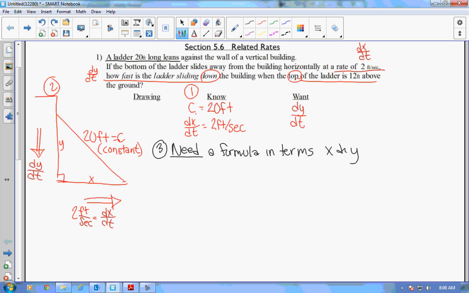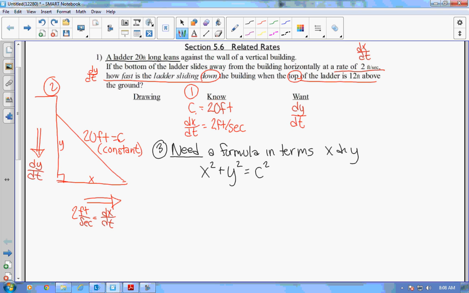Pythagorean theorem. Even though we didn't label A, B, and C, the a and the b are your x and your y. So in our case, it would be x squared plus y squared equals that hypotenuse, which we conveniently changed to c squared.